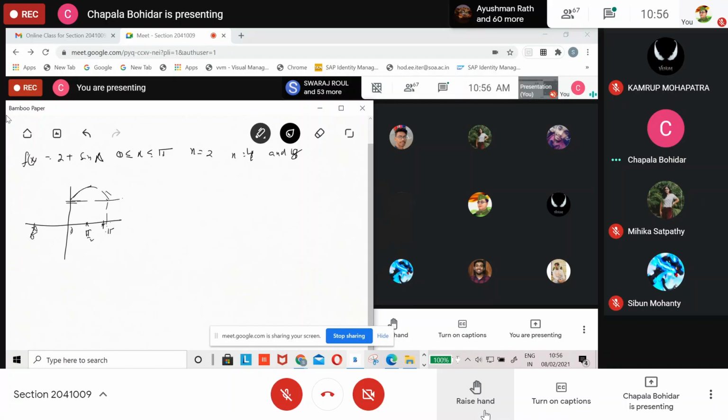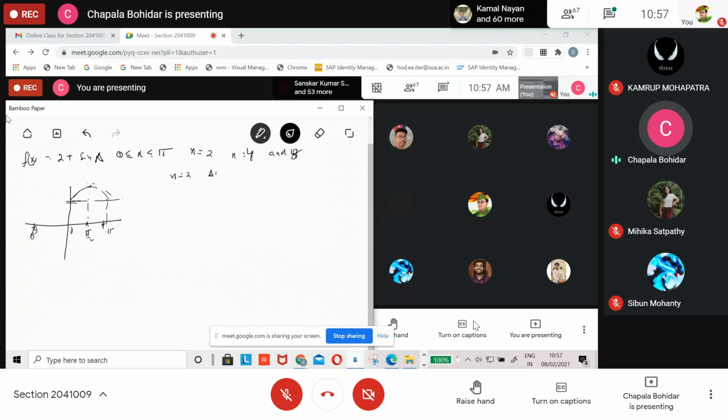Yes, ma'am. Okay. Now for n is equal to 2. For n is equal to 2, upper sum, at which point? If you prepare the rectangle, upper sum at which point? First one, pi by 2. Yes, n is equal to 2.